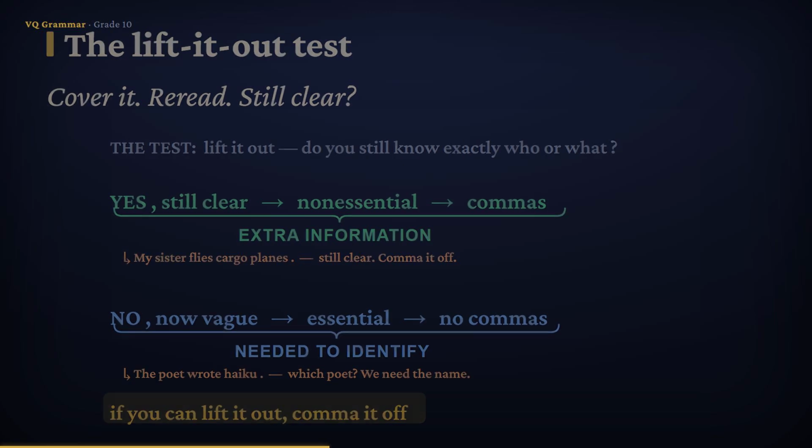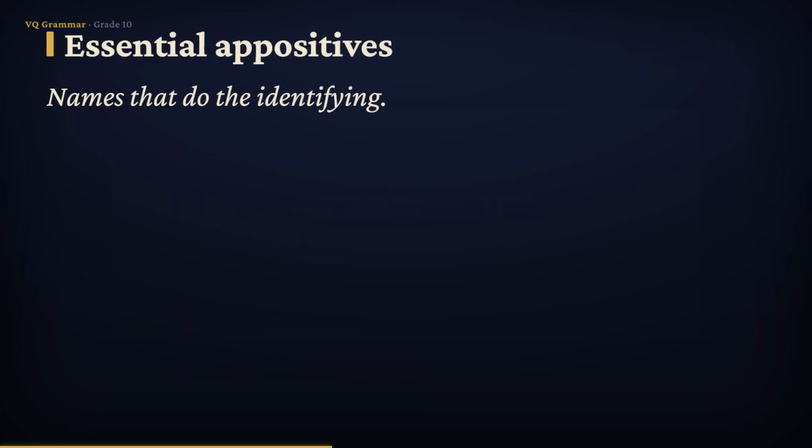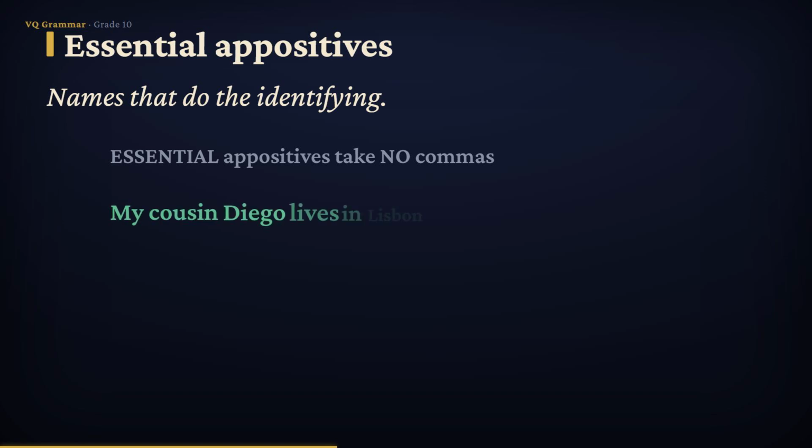Lift it out. Still clear? Comma it off. Let's slow down on the essential kind, because that's exactly where writers slip. My cousin Diego lives in Lisbon. I happen to have 4 cousins, so the words my cousin on their own tell you nothing about which one I mean. Diego does. That name is essential.